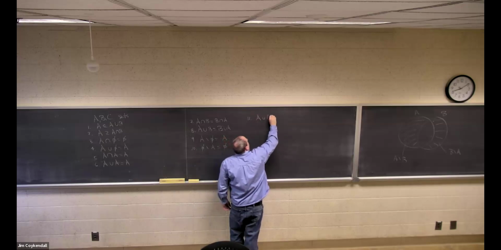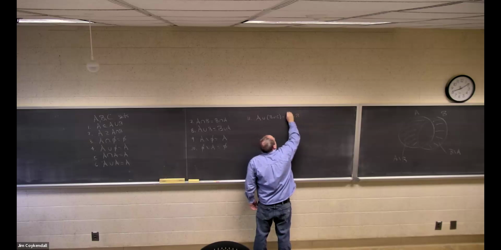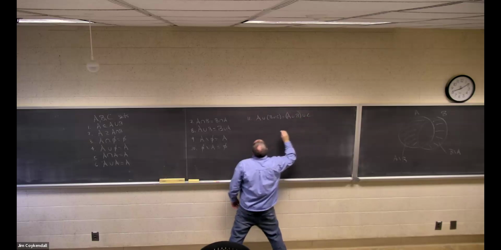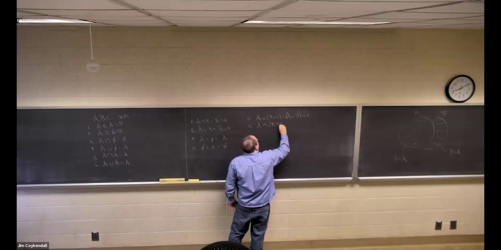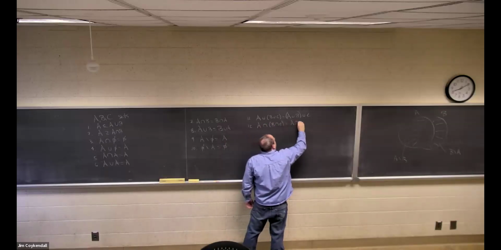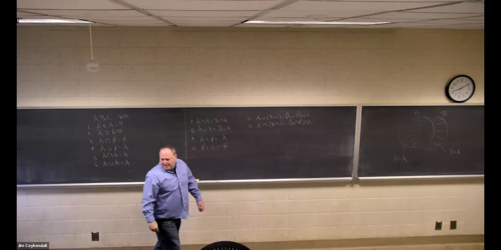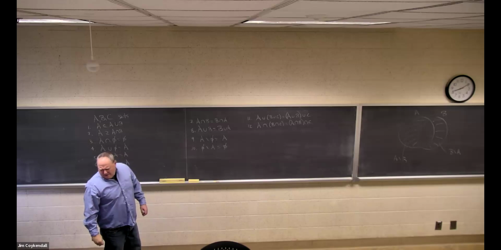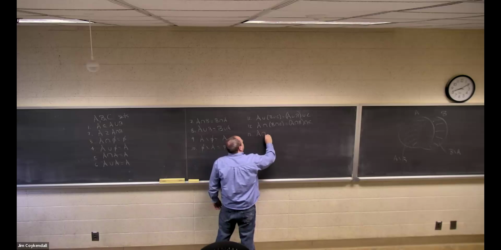A union, B union C is A union B, union C. A intersect, B intersect C is A intersect B, intersect C. We have the distributive laws.